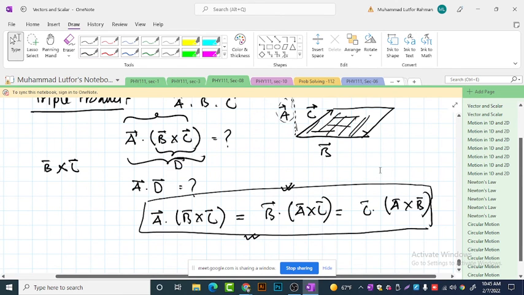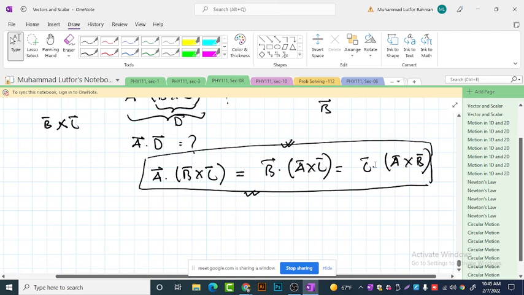Because volume is a scalar quantity. It's basically the volume of that box. Whatever the measure, you take one side length and another side and multiply by that one, it will ultimately give you the volume. So if you measure from a different side, the volume of this object is not going to change, it will remain the same.